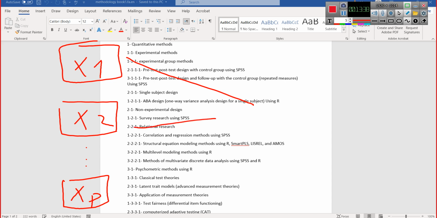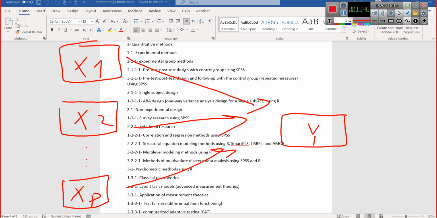We are going to predict a single criterion variable that is a dependent variable. We call it here y. We have also measurement.